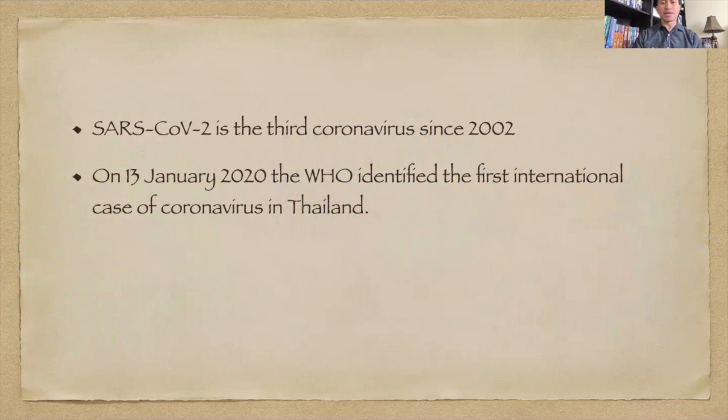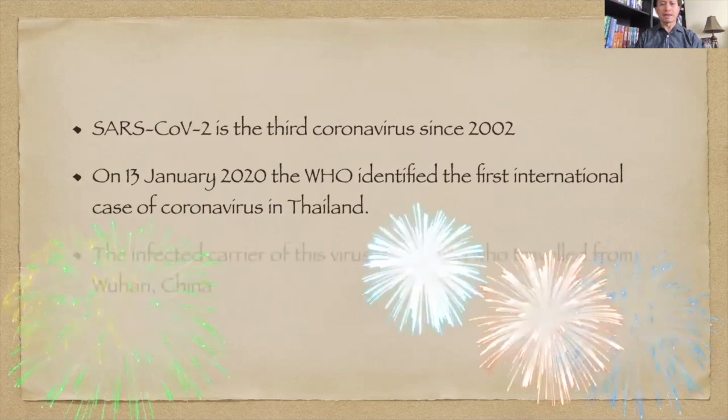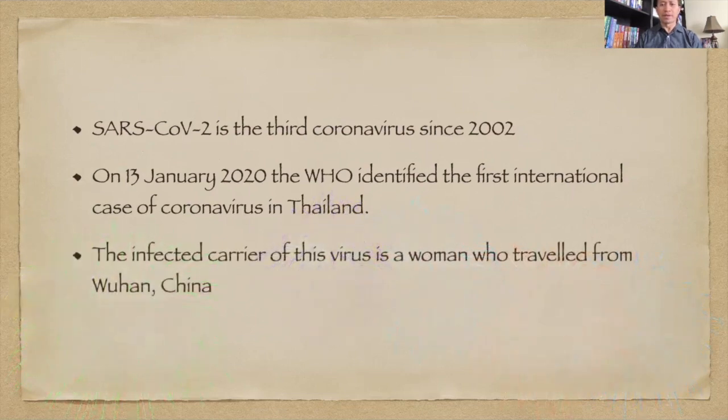On January 13, 2020, the World Health Organization identified the first international case of coronavirus in Thailand. So from Wuhan, China, the first infected person traveled from China to Thailand. This person is a woman who traveled from Wuhan, China to Thailand.